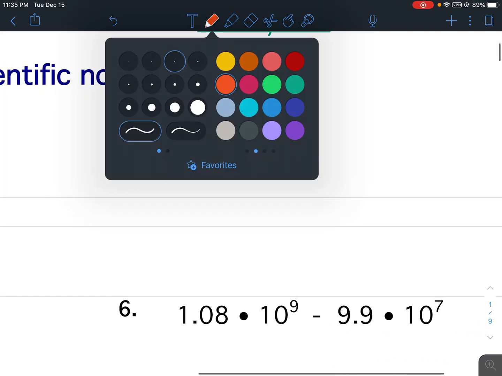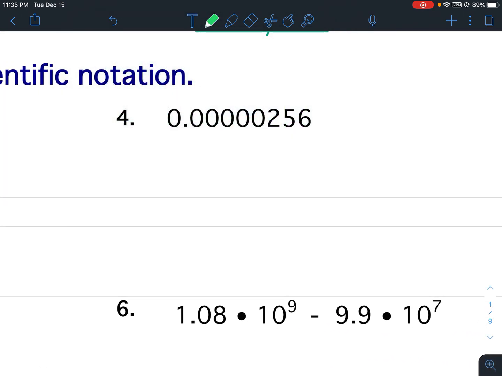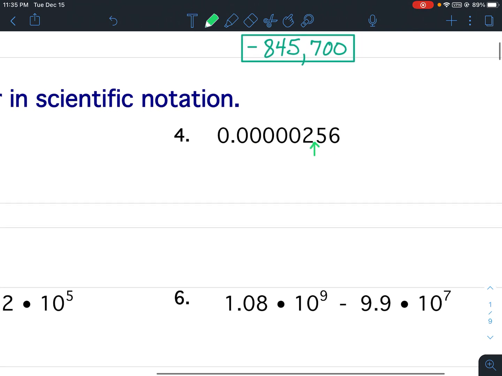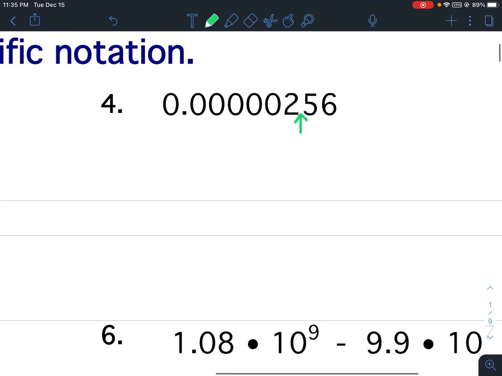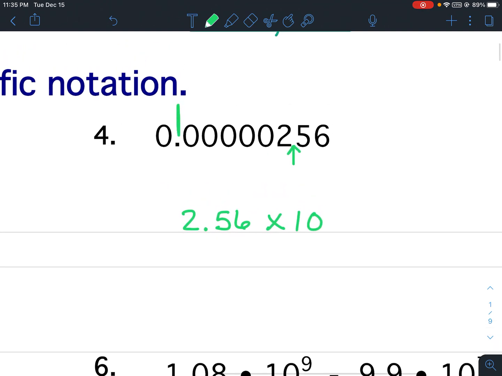Number 4. 2 is the first non-zero number, so the decimal will go after the 2. So we will have 2.56 times 10 to the, well, the decimal was here, we're moving it to there.